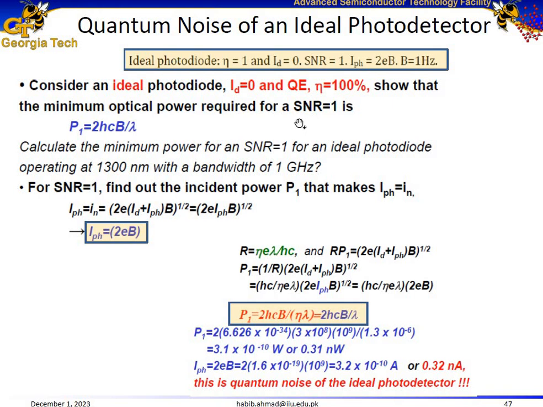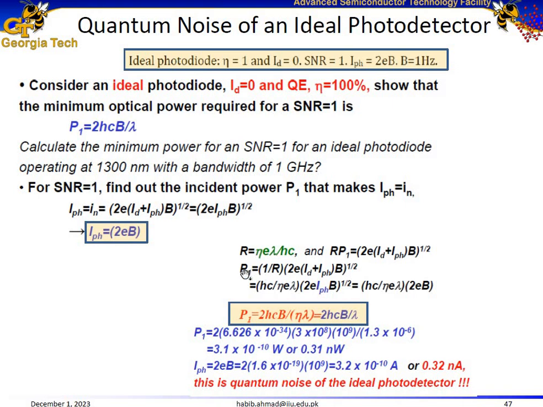Now we know that at an SNR equal to 1, our photocurrent is equal to the noise current. And we have an expression for the noise current, this one over here. After further simplification, our photocurrent comes out to be equal to 2 times the charge on the electron times the bandwidth. Now further we have to find this expression. So once again we know that our photocurrent is equal to our noise current. This is the photocurrent, IPH equal to RP, and this is the noise current.